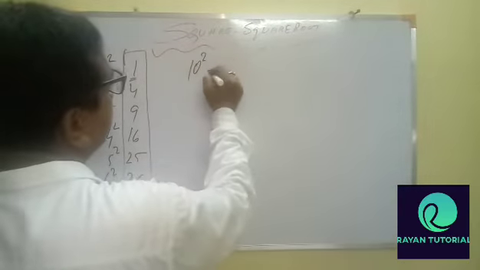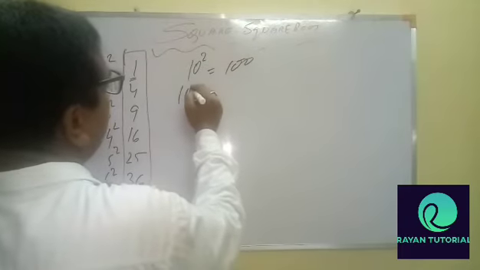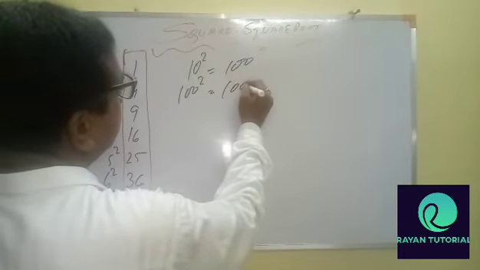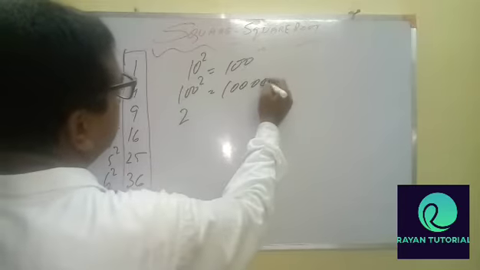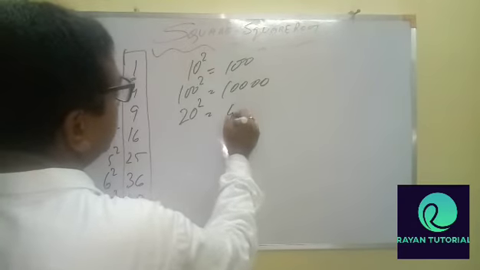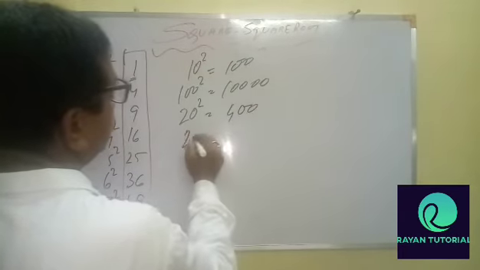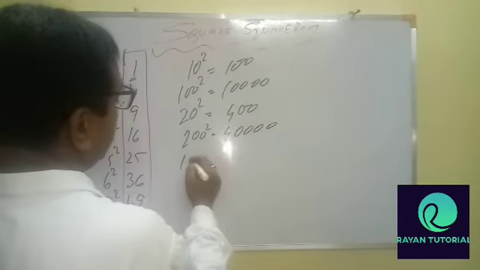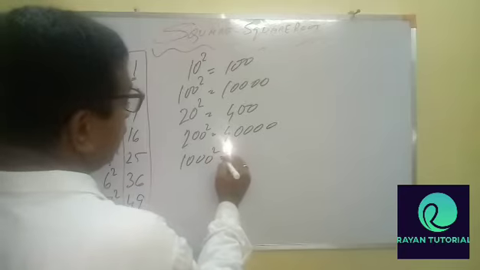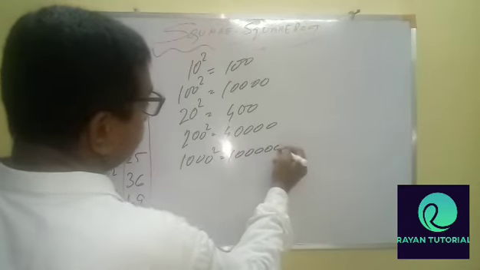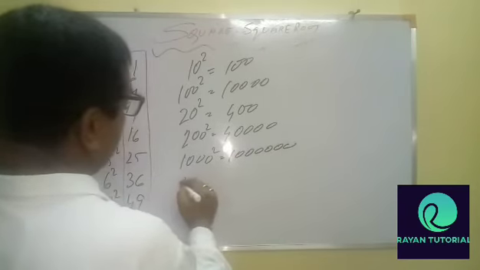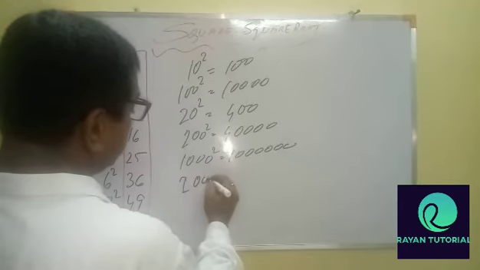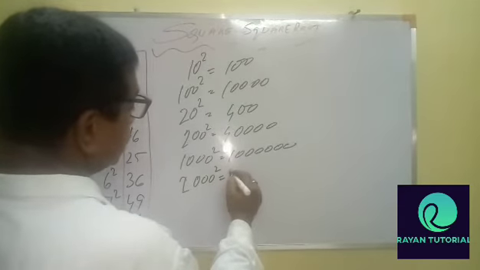10 square, 100. 100 square, 20 square, 200 square, 100,000 square, 2,000 square.